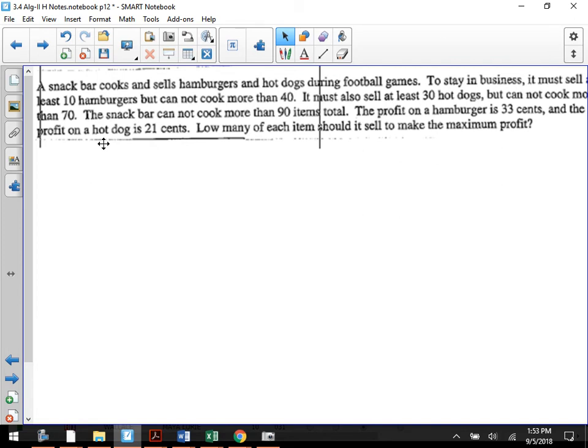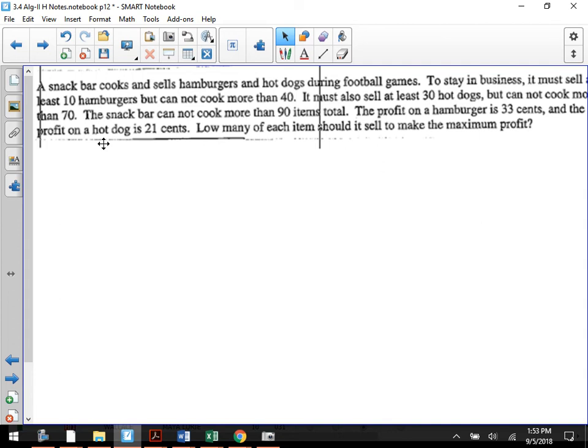So you don't have to worry about costs in this case. Now, if it was thrown in there that you only have $1,000 to supply your stuff, and you sell them for a certain amount, then it's a different type of profit. Here it's just profit on the burger. What's the objective?